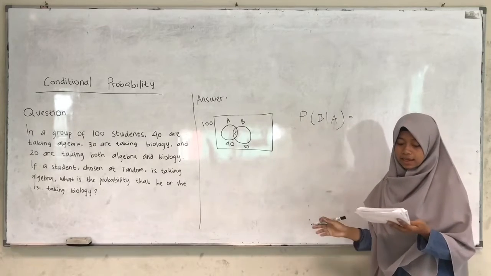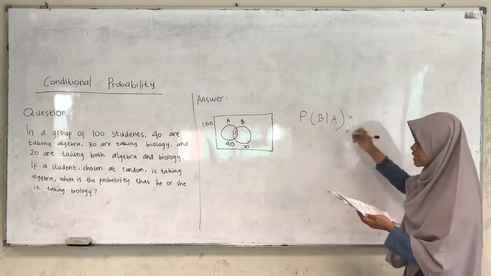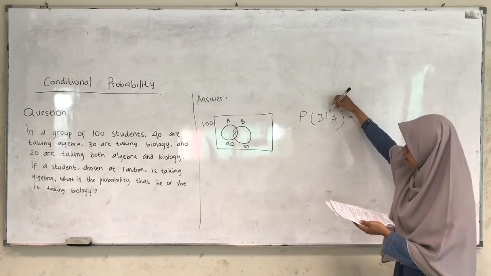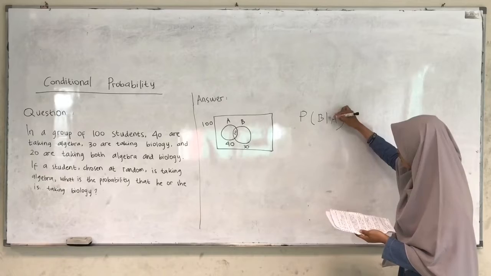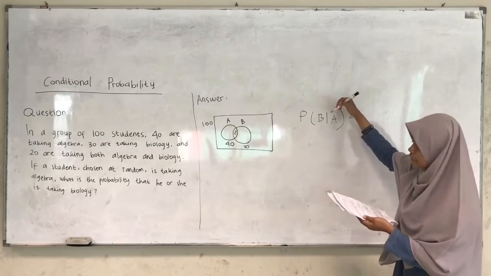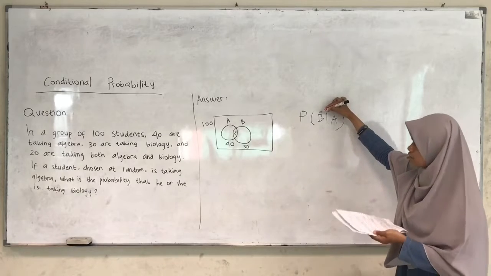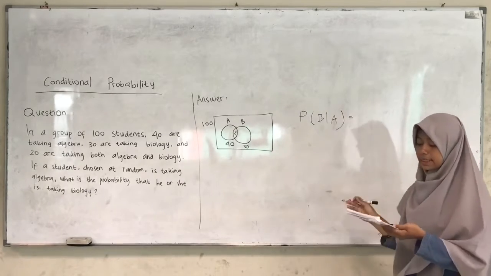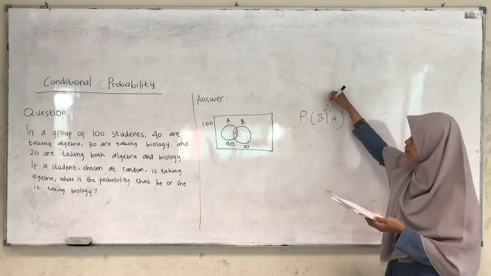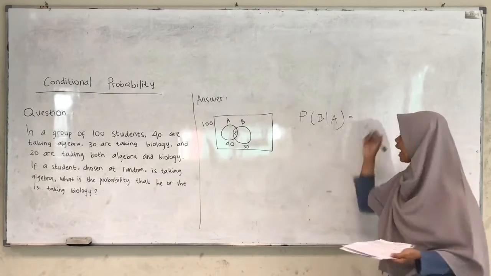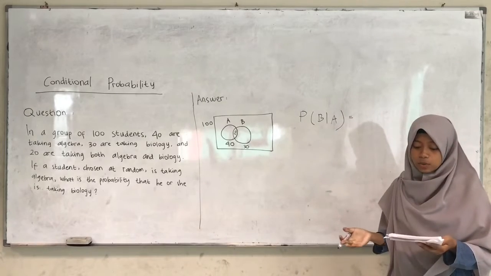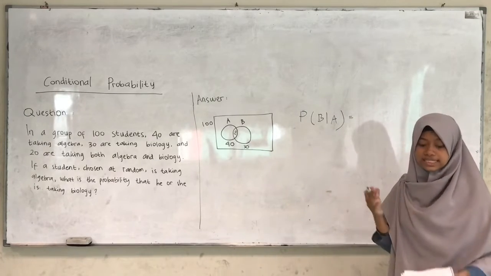The probability, and then in parentheses I've got B, a bar, and an A. The B stands for biology, the probability that a student is taking biology, and the bar means given that. In other words, we already know that the student is taking algebra.